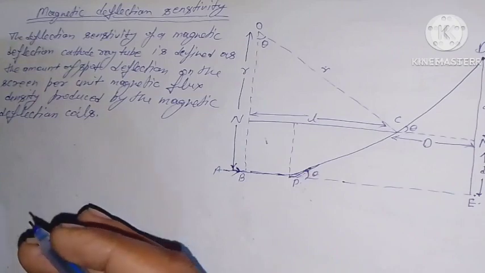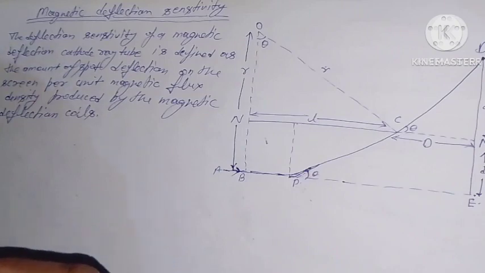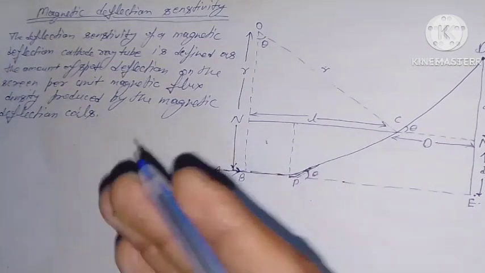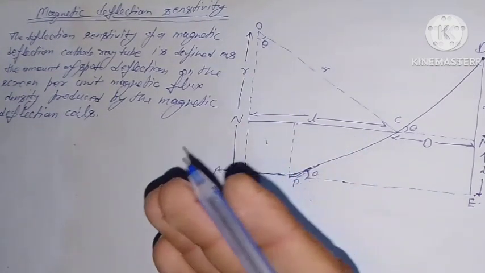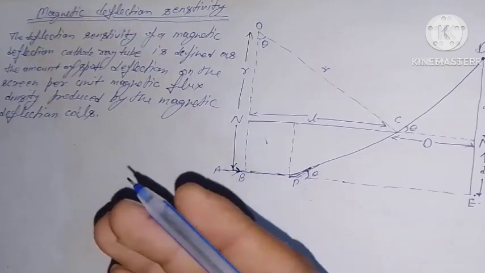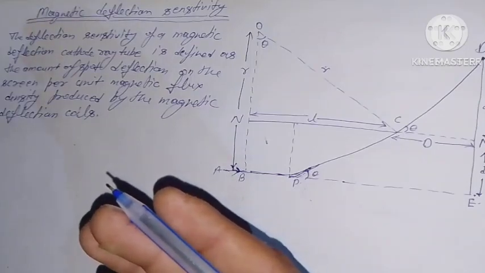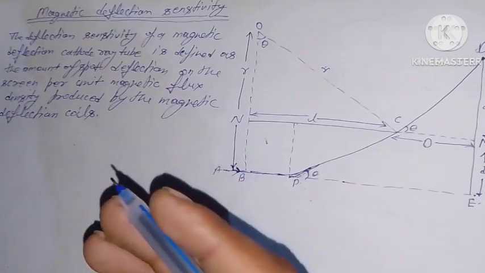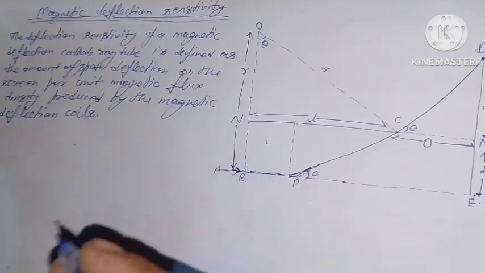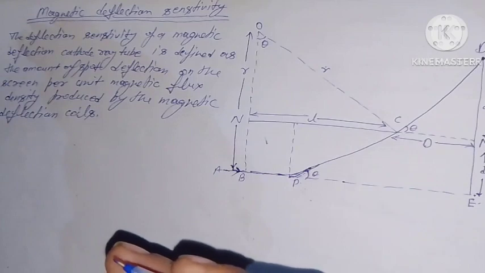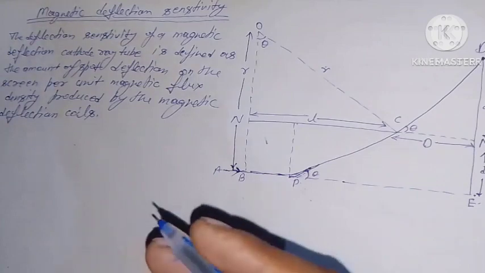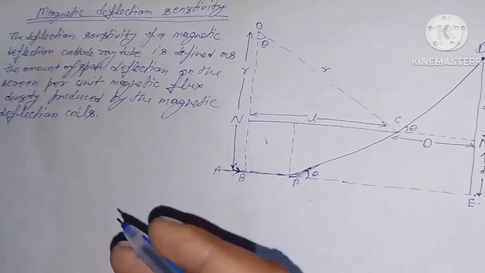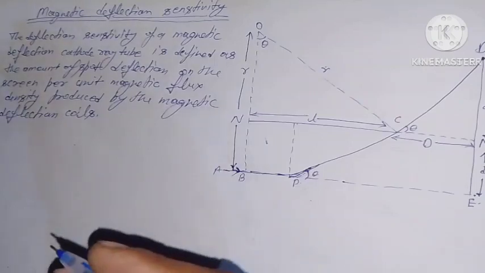The magnetic field will exert a force on the electron in a direction at right angles to both the direction of motion of the electrons and the direction of the magnetic field. As a result, the electron beam emerging from the magnetic field makes an angle with its original direction. This type of deflection is known as magnetic deflection.